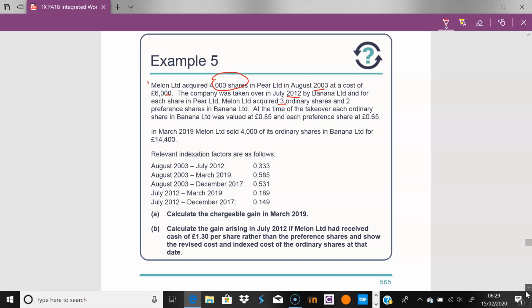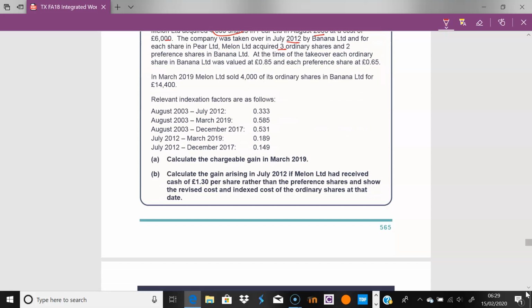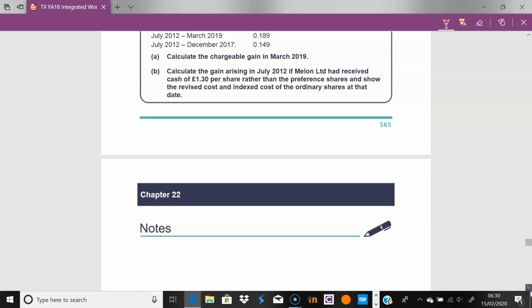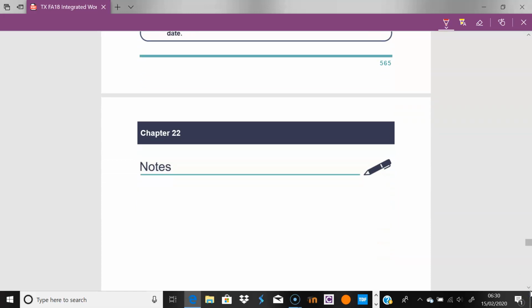So really what I have here is 4,000 shares that cost you £6,000, and they get taken over sometime later.